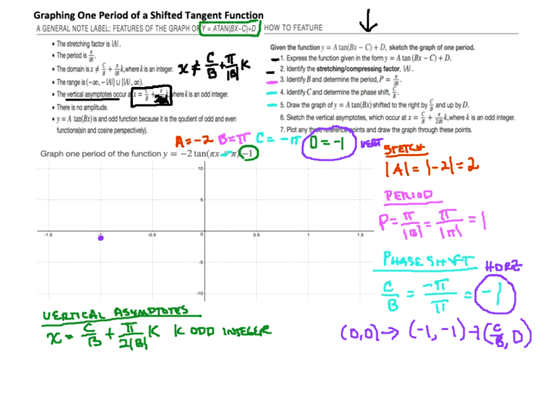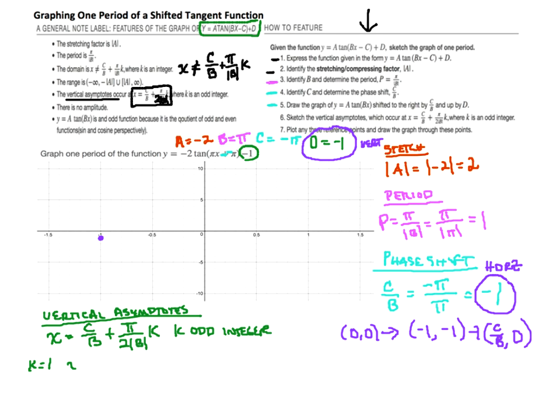I am going to use k values of -1 and 1 just to see if I can surround my point (-1, -1) with asymptotes. This is when k is equal to 1.